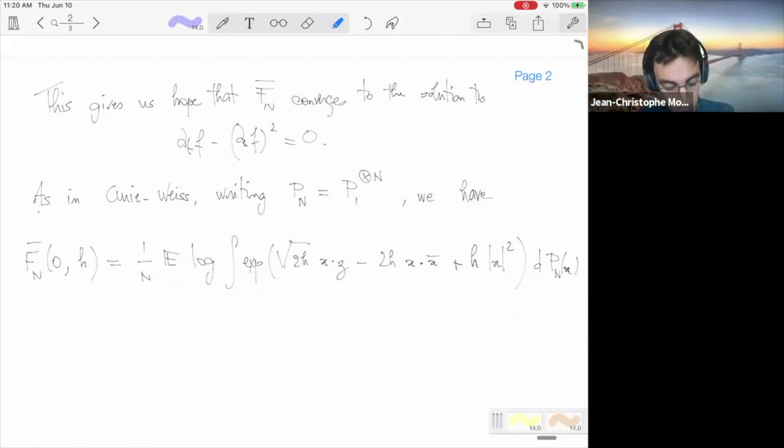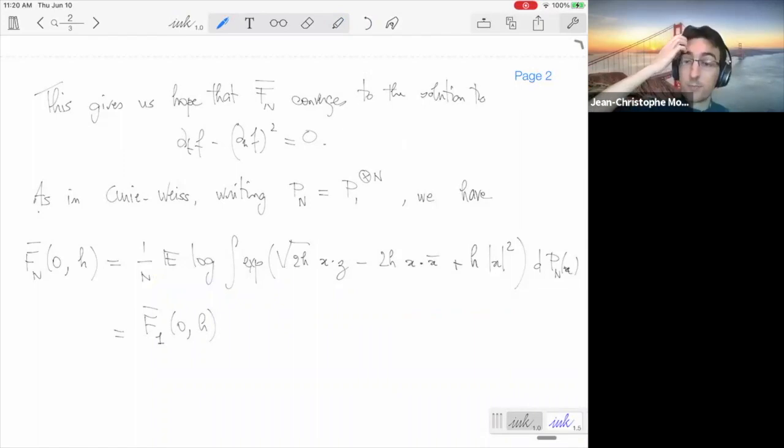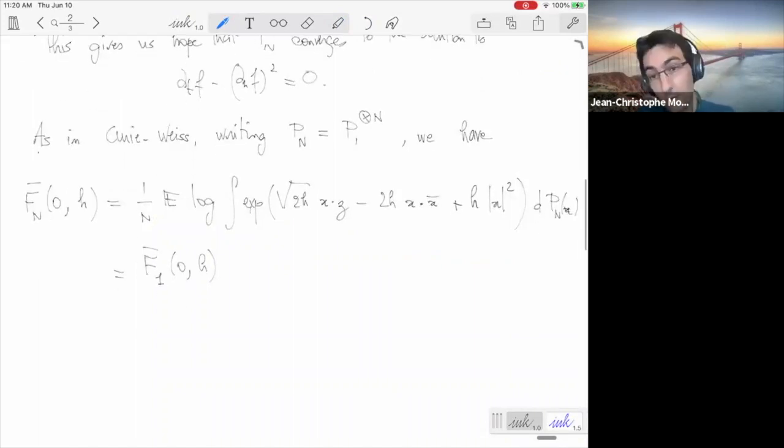So overall, this is exactly the same as f bar 1 of 0h, which we can write explicitly. It's just the same expression where we set n equal to 1. So technically, in terms of the description of the limit, there's only one difference with what we have seen with Curie-Weiss, which is that in our problem definition, we are restricted to h non-negative.